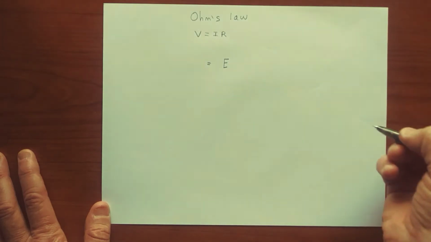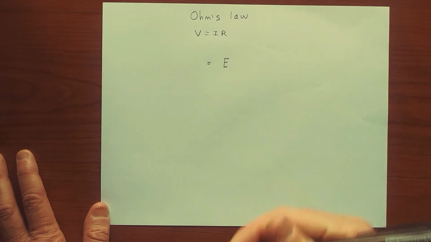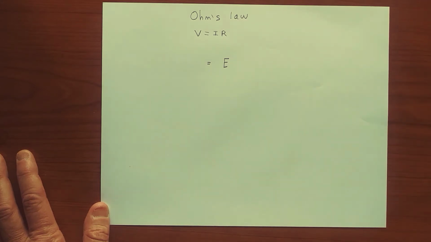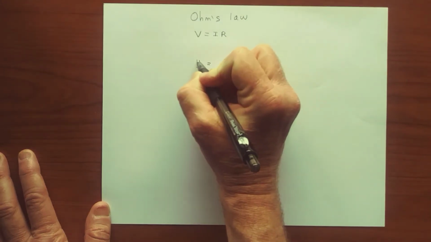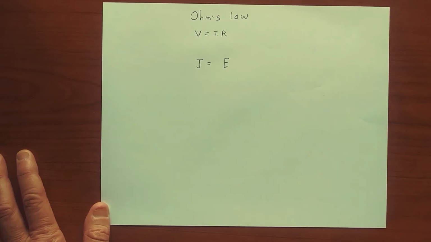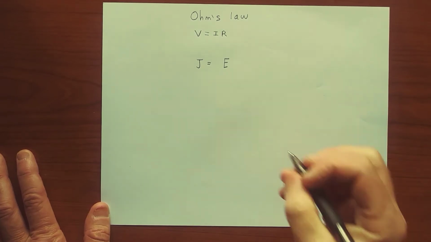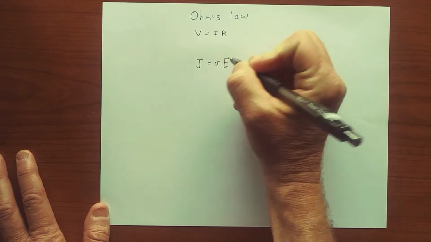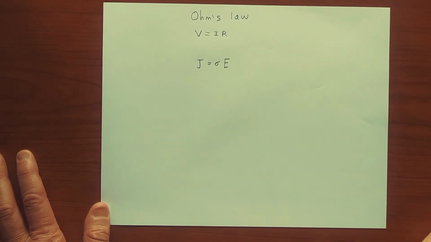So you have an electric force, and you have charged particles, and as a result of that electric force, you get charged particles in motion, and that generates a current, and so you have a current density in the medium, which is J, which is proportional to this constant electric field, and the proportionality constant is sigma, where sigma is a measure of how conductive the medium is. So the ability to generate or sort of release charged particles.